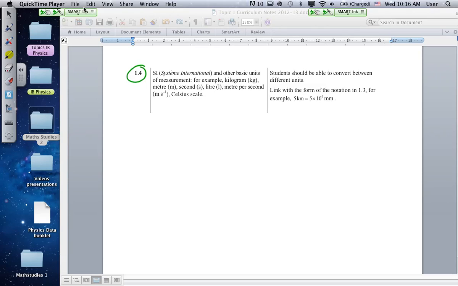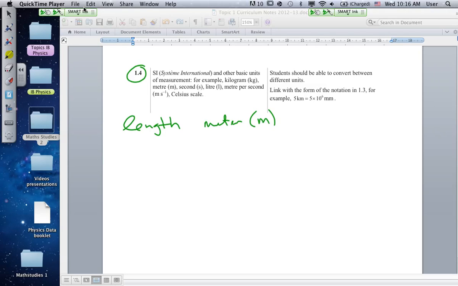Now, the international system, as far as a scientific system, is that we use these units. The unit for length is the meter.